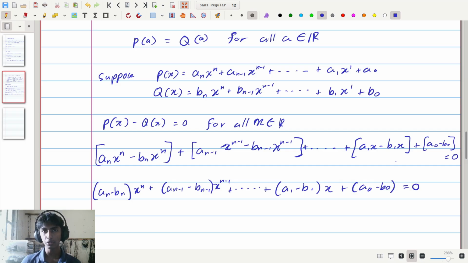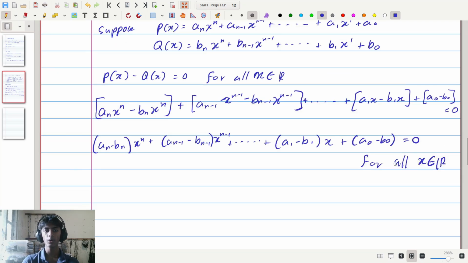So this has to be equal to 0, and it has to be equal to 0 for all x in the real numbers. Now note this condition. This has to be the case for every possible x in the real numbers.